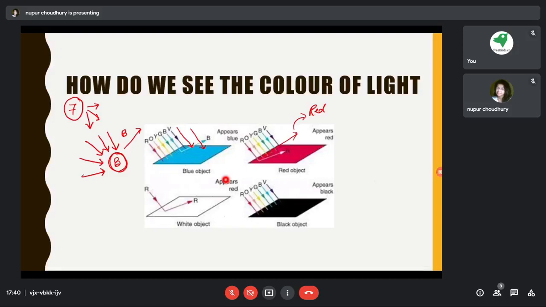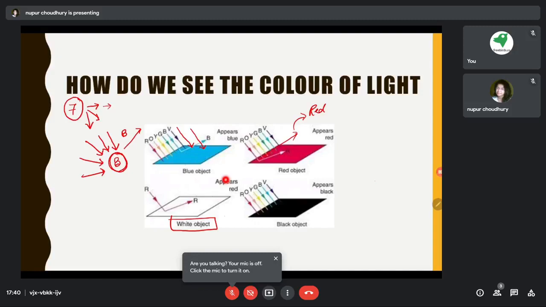Now we talked about the 7 different colors. We can see different colors and different combinations of those colors. Now, what about the white objects? Suppose I have a piece of paper and it appears white in color. Why does it appear so?